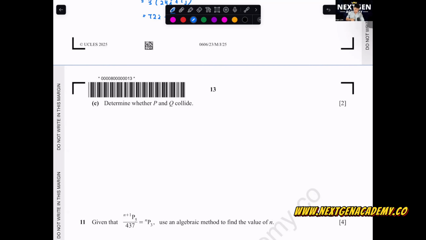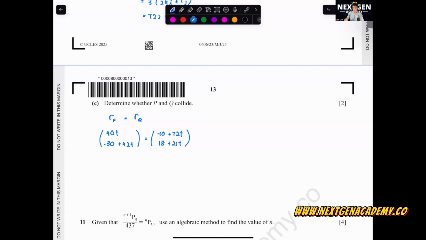So now what we do here is, you put position vector of P equals to position vector of Q. I will put it in the column vector because it's easier for us to see. 40t, minus 30 plus 42t, equals to minus 10 plus 72t, 18 plus 21t.